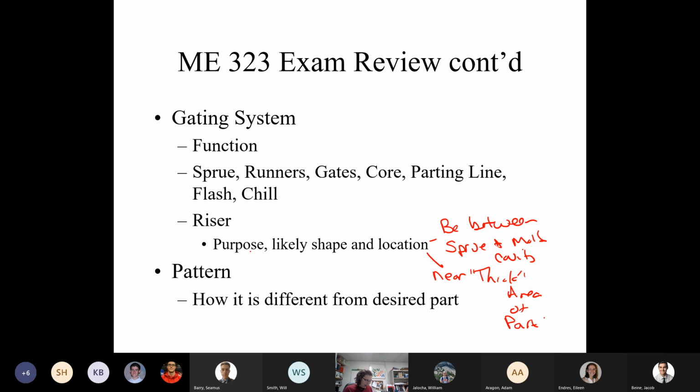Okay. Also, we talked about the pattern. While I don't think we were super specific on this, we do need to recognize that the pattern may be split. It may have no internal features. It's likely to be larger.